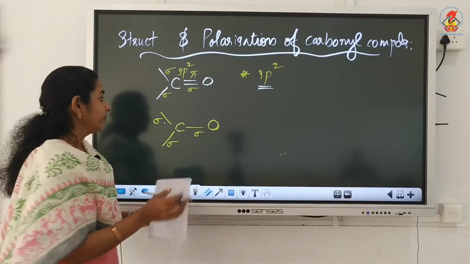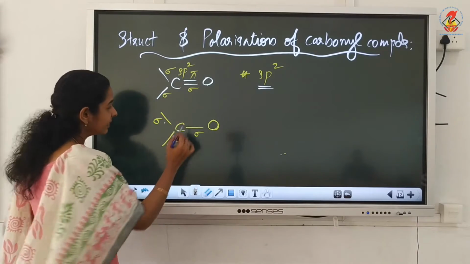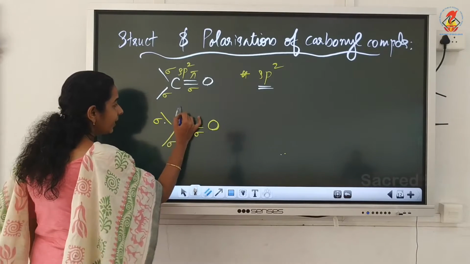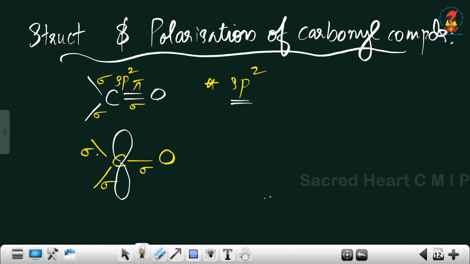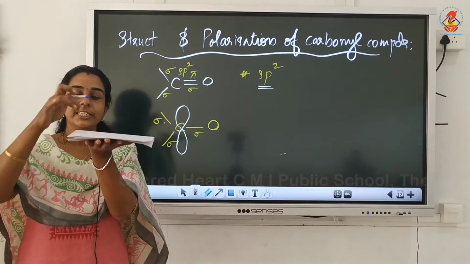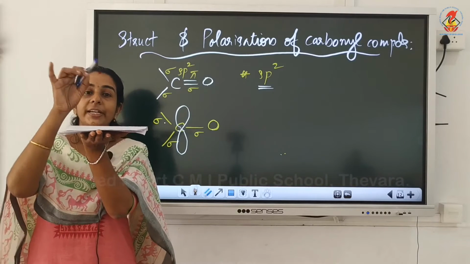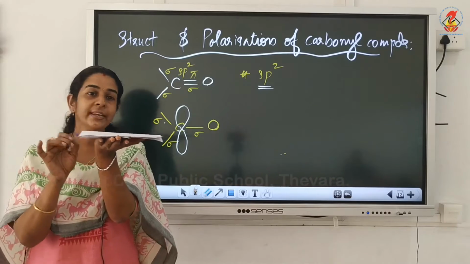Then the unhybridized p orbital on this carbonyl carbon can be represented like this. So how is the position? It lies above this plane, perpendicular to this plane.